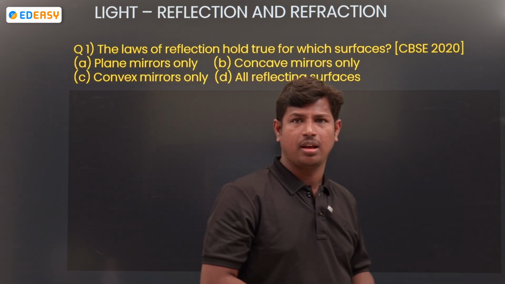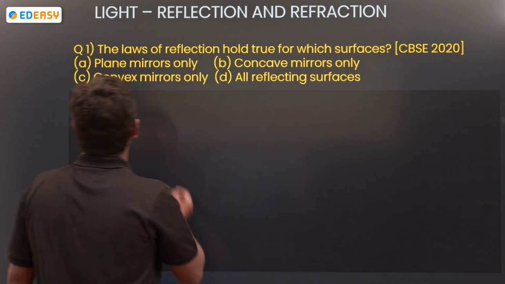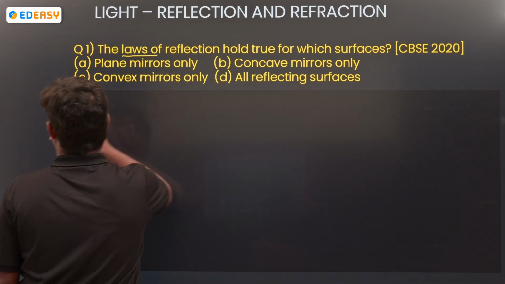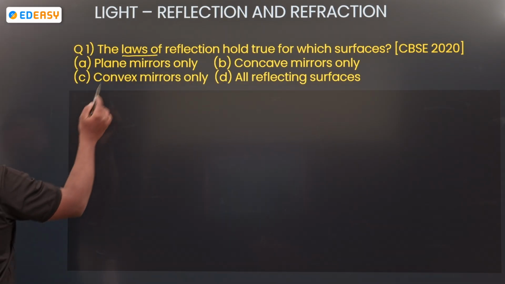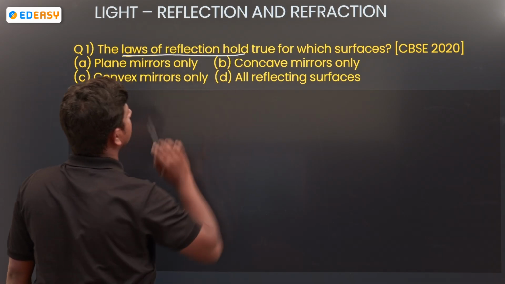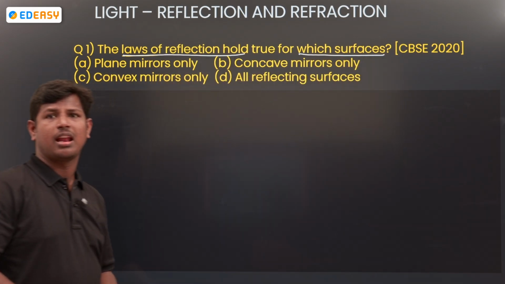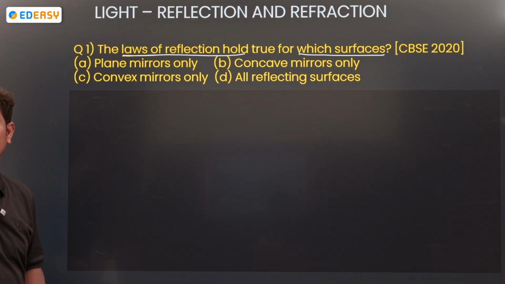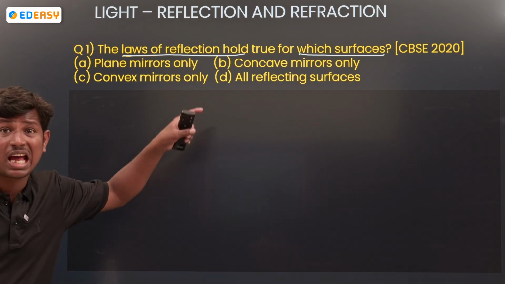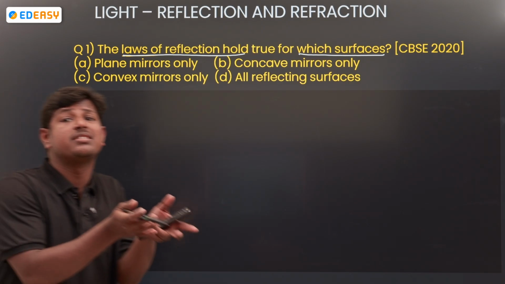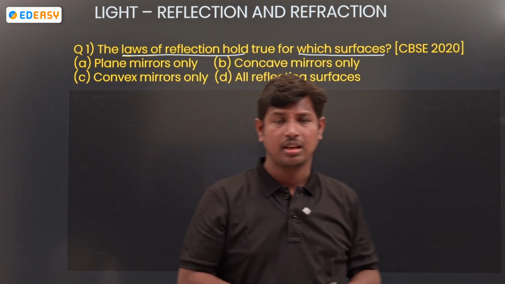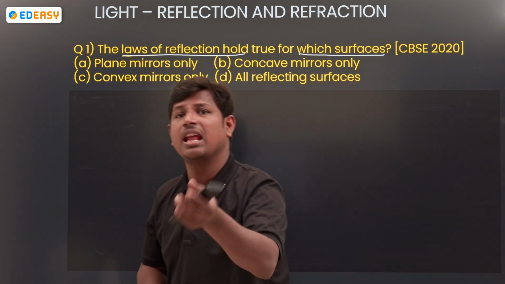Laws of reflection hold true for which surfaces? What is the law of reflection? Angle of incidence is equal to angle of reflection: incident ray, reflected ray, normal.